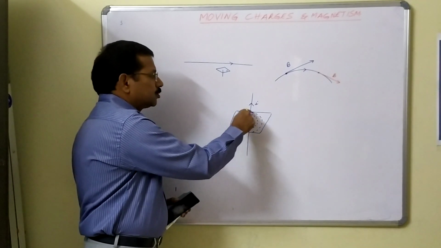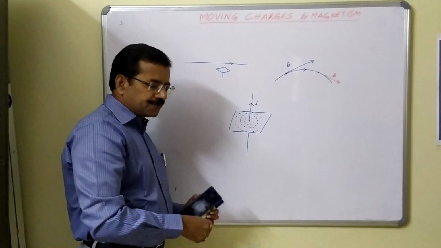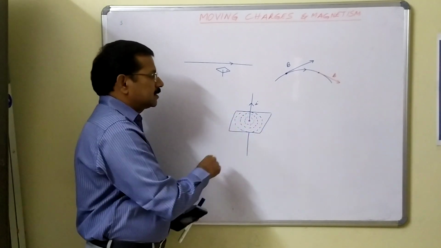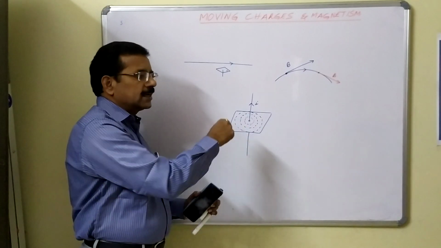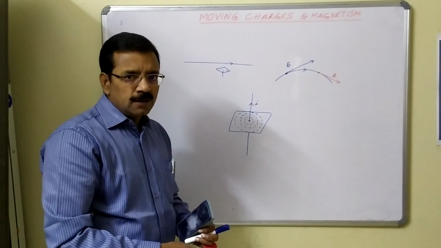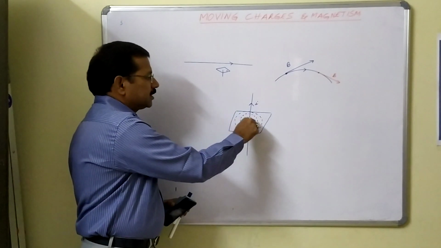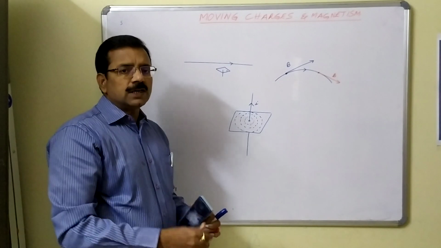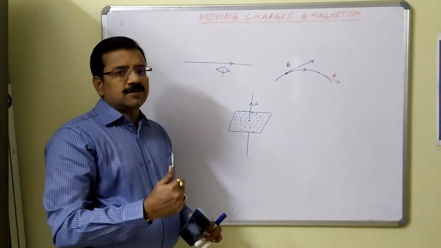Before you draw the tangent to this magnetic field line, first of all, you must ascertain whether this field line is clockwise or counterclockwise. In order to find whether the field lines are clockwise or counterclockwise, you can apply Ampere's right hand thumb rule.